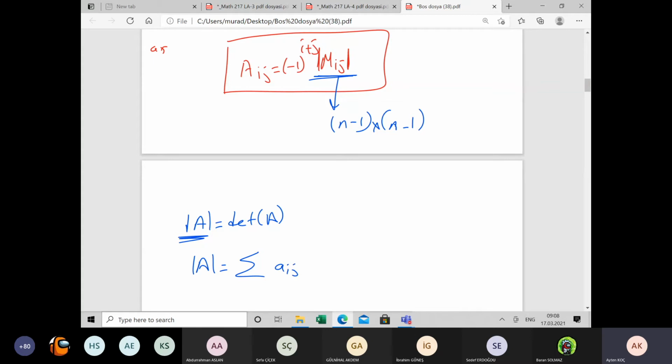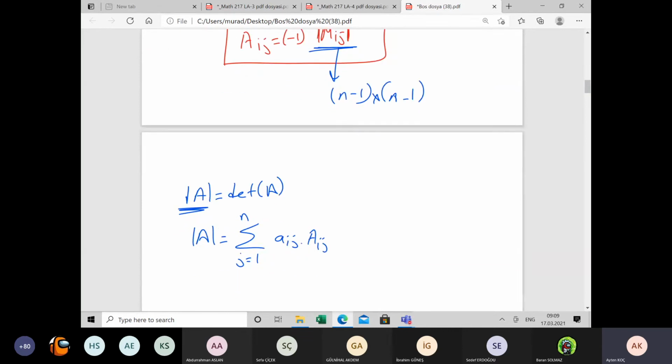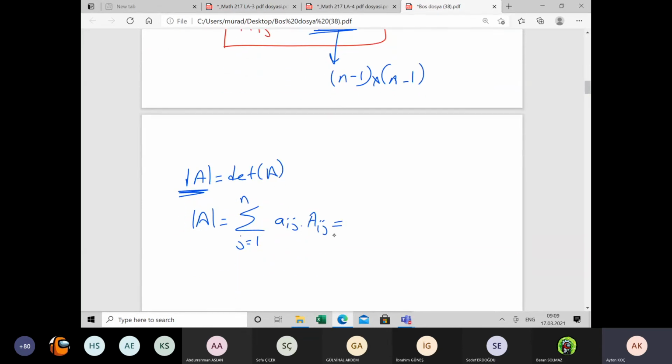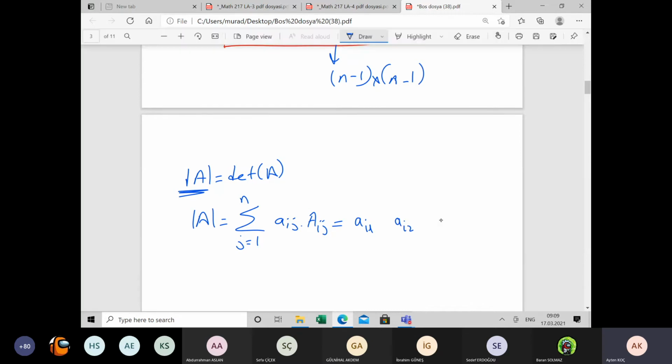For example, choose row i and write all the entries of row i, so j is 1 to n, multiplied by the corresponding cofactor. So what does it mean? Write all the entries of row i: the first one a i1, the second entry a i2, and the last entry a in.